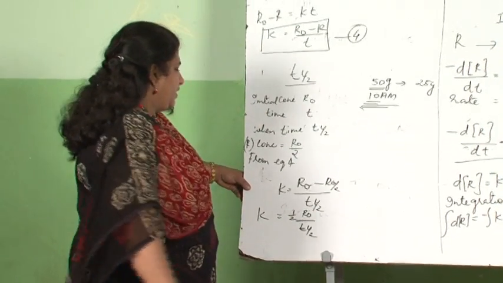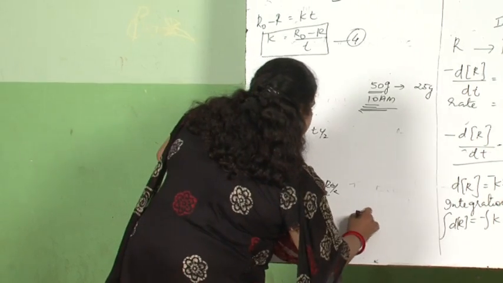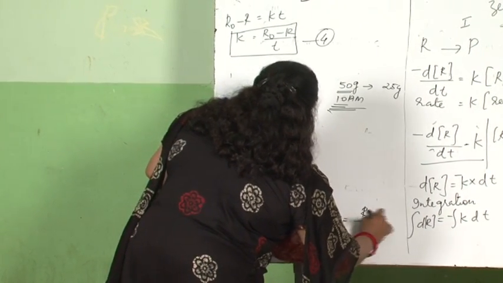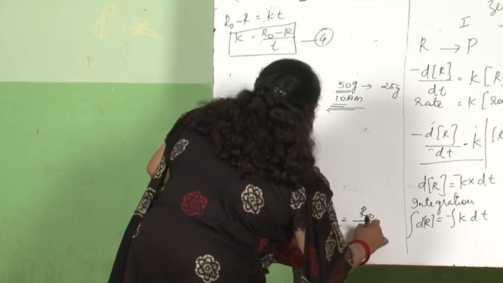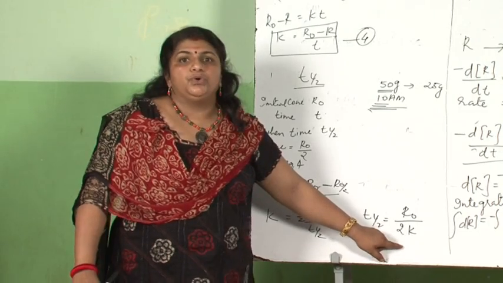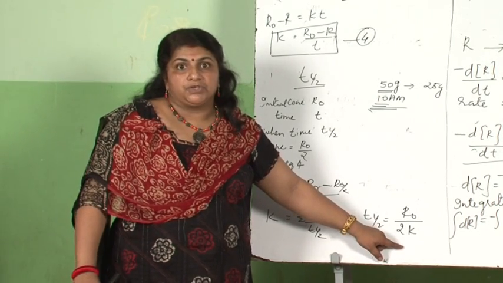or T half is equal to R0 divided by 2K. It is R0 upon 2K. I hope it is clear to you, children.